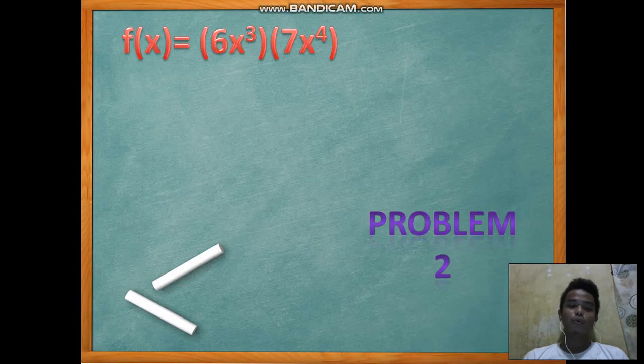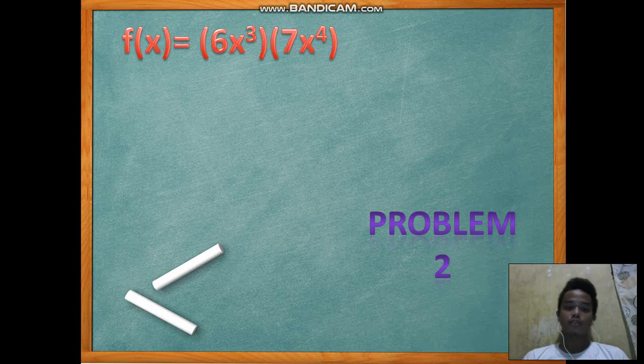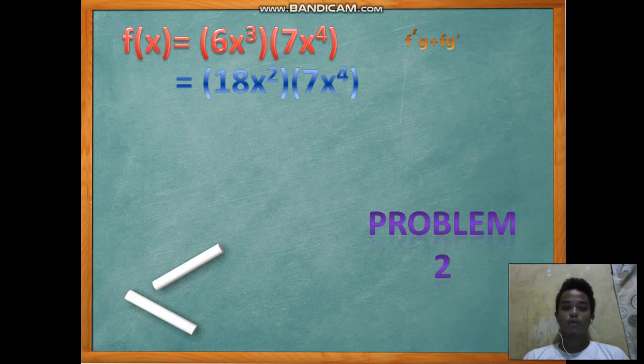So problem number 2 is the quantity of 6x cubed times the quantity of 7x to the fourth. So do not forget the formula.